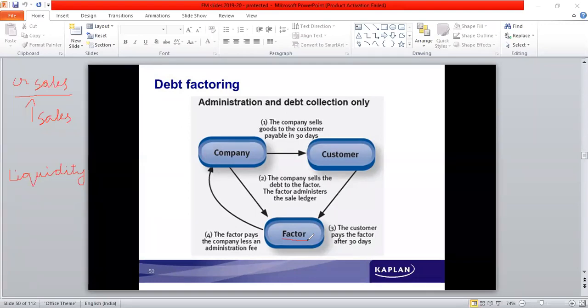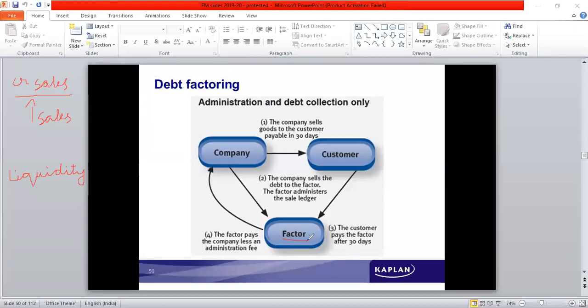Let's say in the first go, 80% was paid, so the remaining 20% will be remitted to the company, after deducting their charges, that is administration and debt collection charges. The balance is remitted by the factor to the company. So the factor is also taking up the responsibility of collecting.